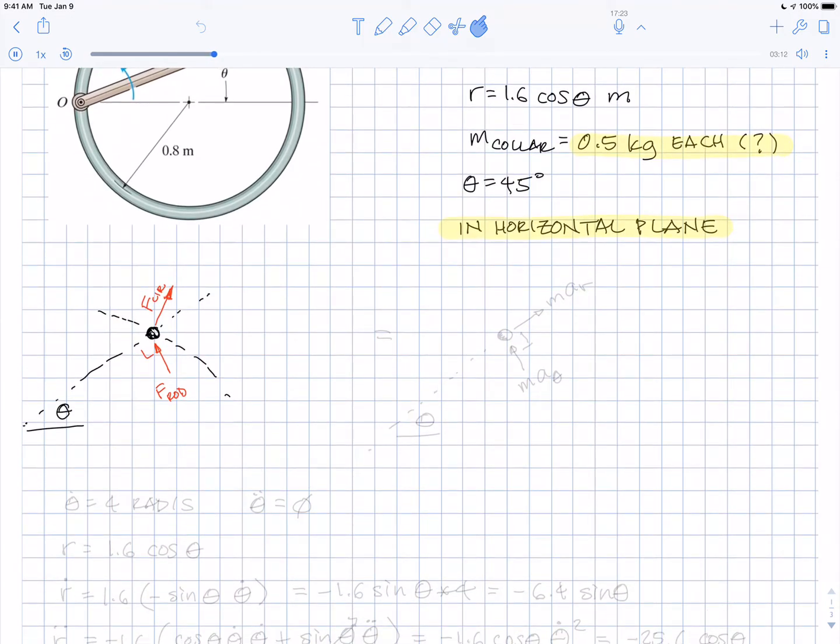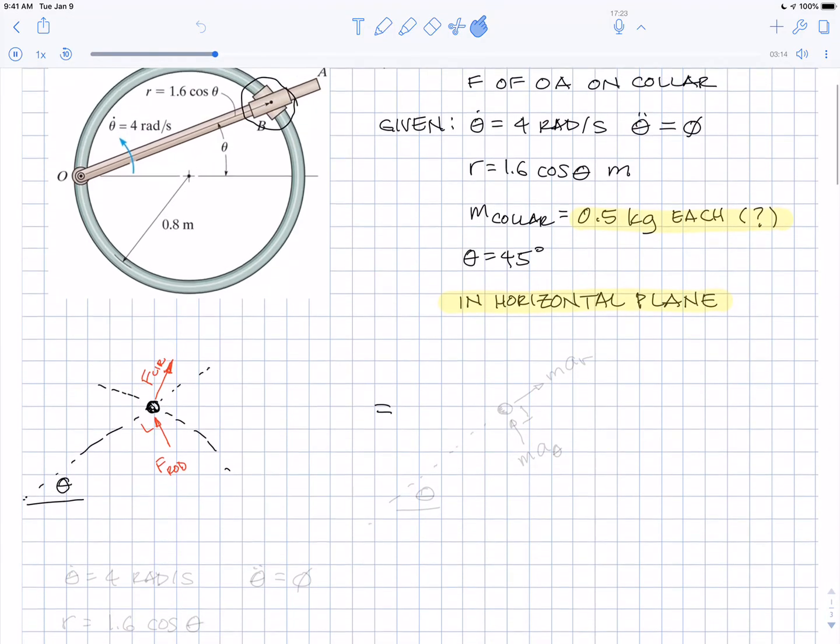As usual, that all equals the mass times acceleration diagram. And so it means that we have m a radial, and we have m a transverse, or theta. Now these are at right angles because they're r and theta.